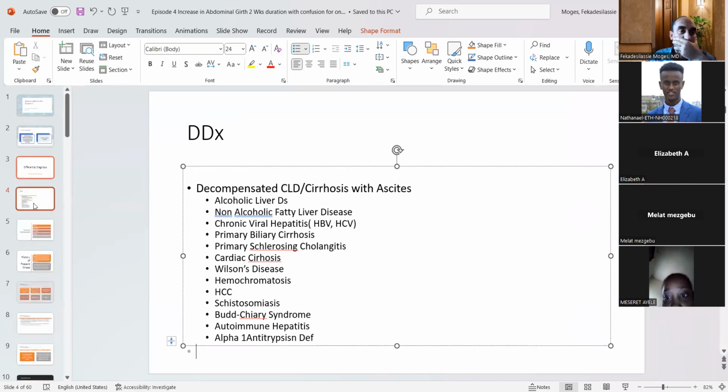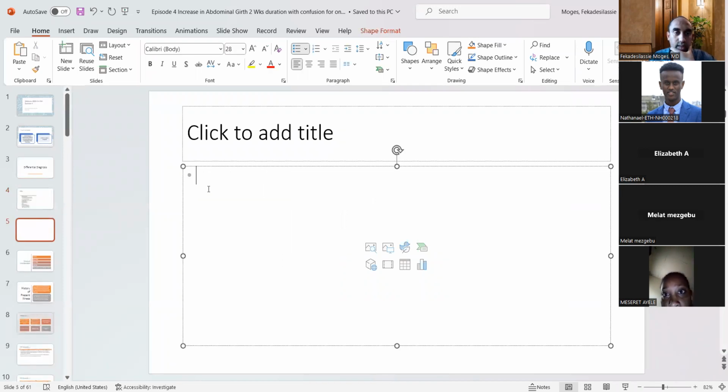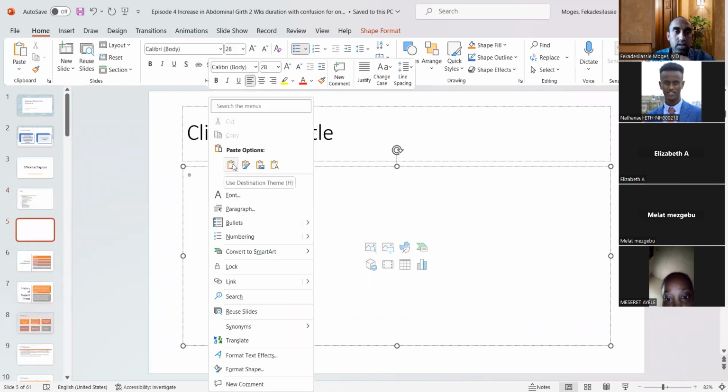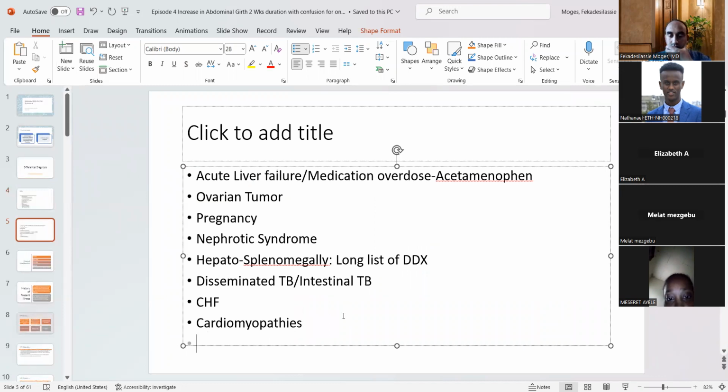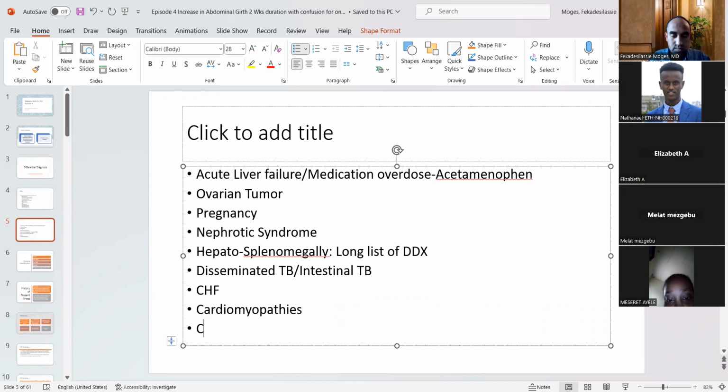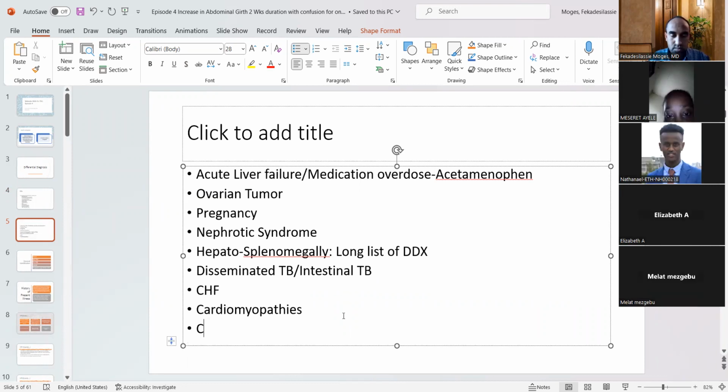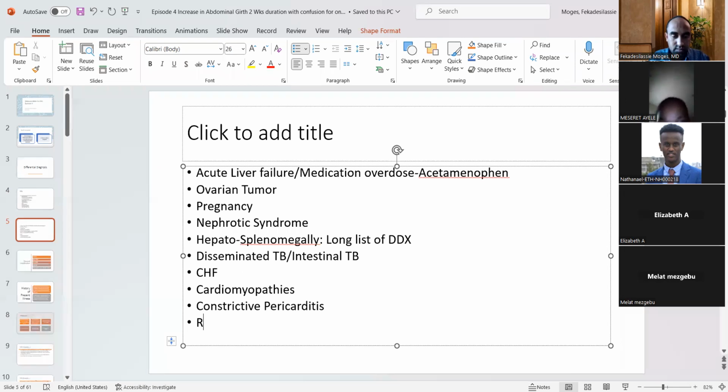Okay, constrictive pericarditis. What else? Right-sided heart failure, right? Right-sided heart failure of any reason.